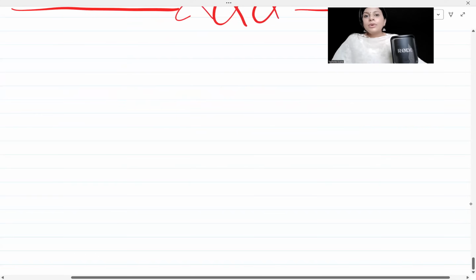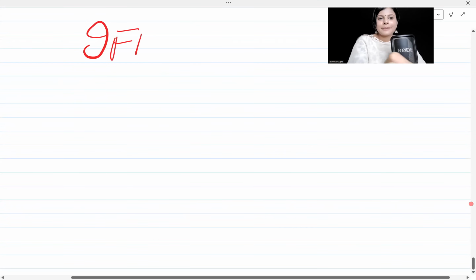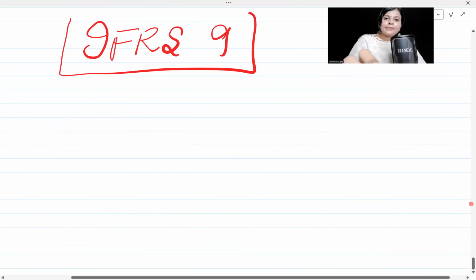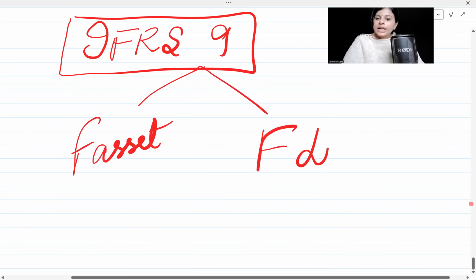Now, next, let's take into account the next standard and the favorite standard for almost everyone, IFRS 9, financial instruments. So what is there in IFRS 9? They say there is a financial asset and a financial liability.